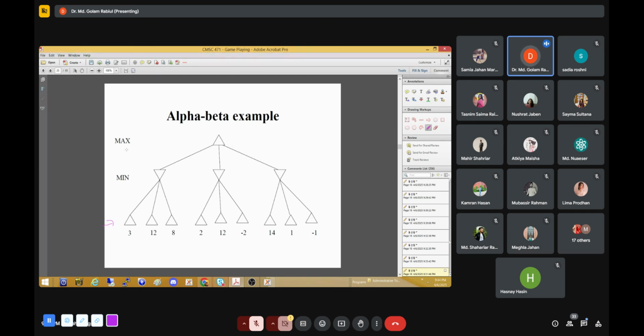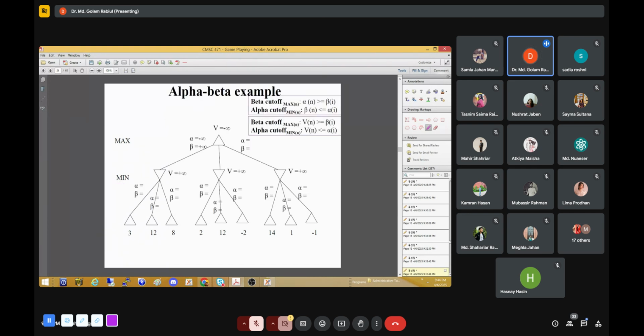We can see this is the max and this is the min node. So in the max node and min node, we have to evaluate the alpha and beta for each and every branch, and the value for each node other than the leaf nodes.